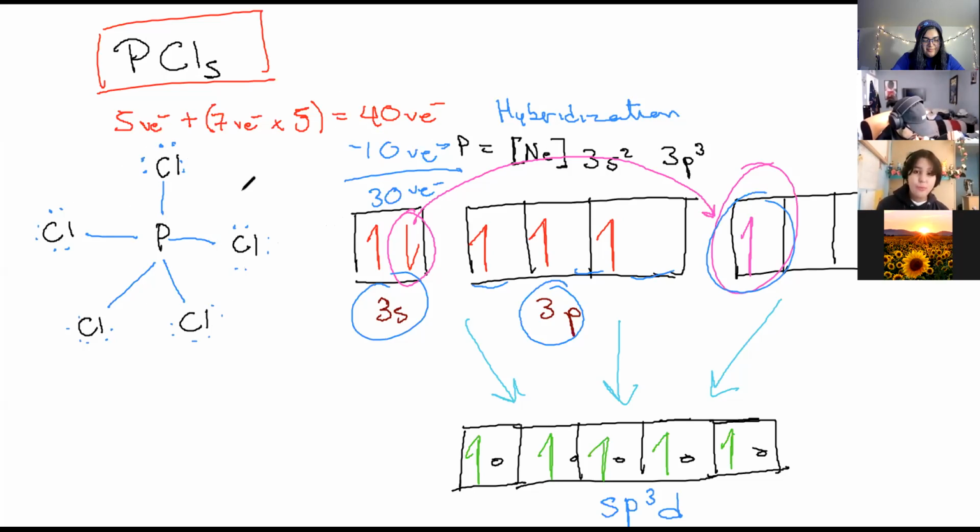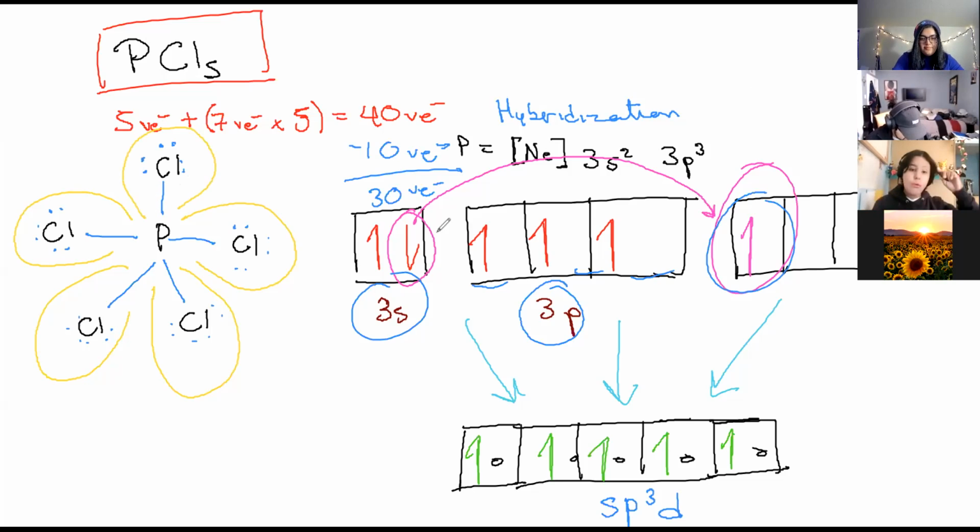Just by using the counting shortcut that we used earlier, can we also see that this is sp3d, even if we didn't know all this theory by heart? Let's try the counting technique.